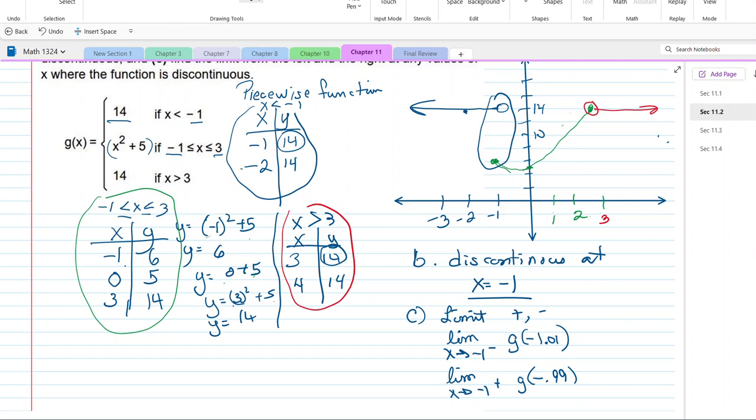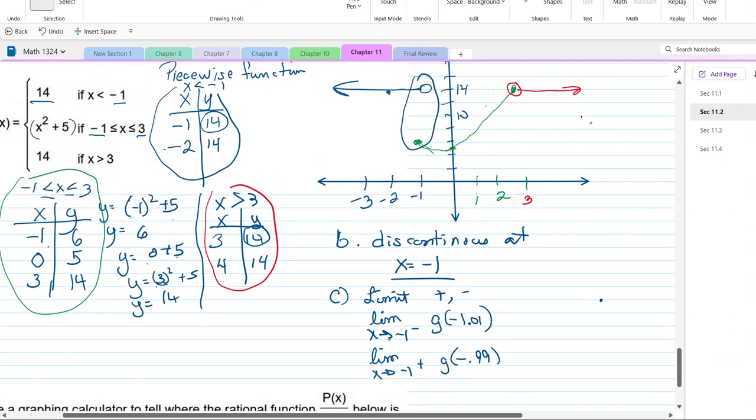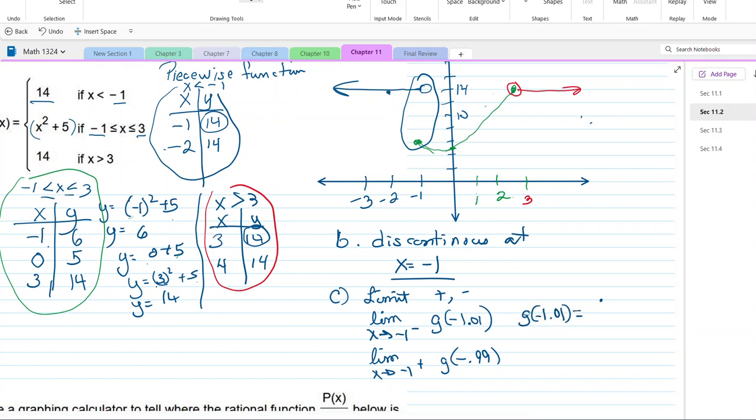So we're going to do a little bit of math. On the left, we know that g of -1.01 equals 14. And here we want g of -0.99, which is negative 0.99 squared plus 5.